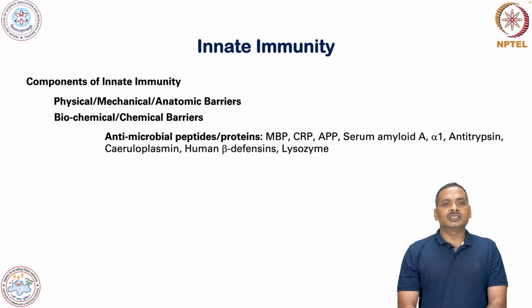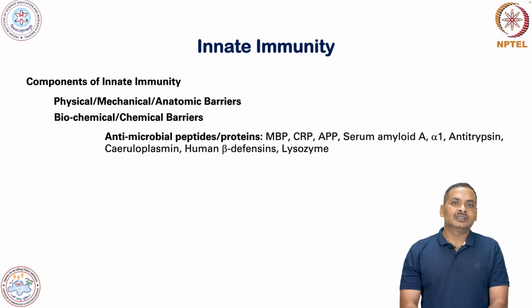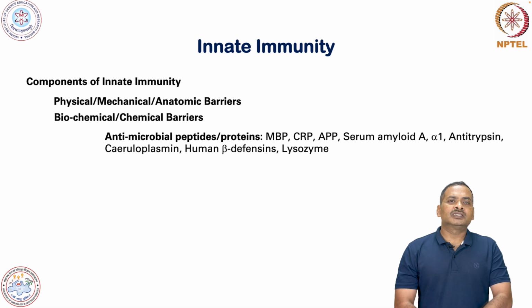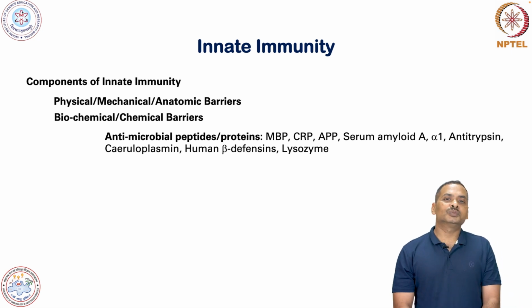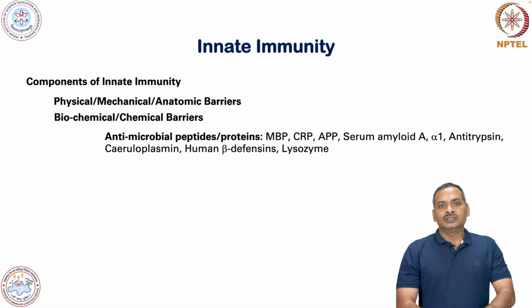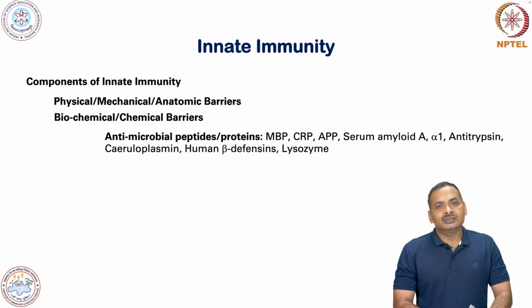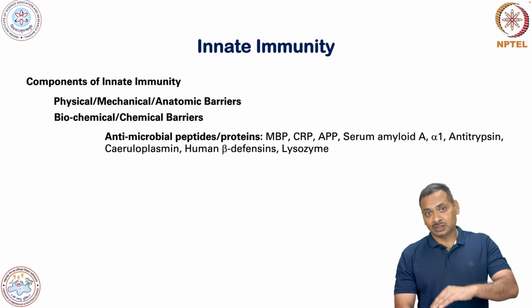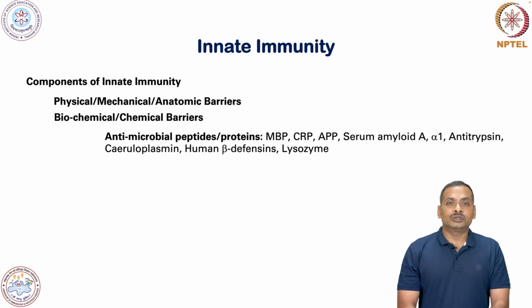Here you can see MBP, the mannose binding protein, which is basically a lectin family protein. You may have studied that lectins are all those proteins which bind with sugar molecules, okay. So those proteins we call lectins. The mannose binding protein, as the name suggests, binds with the mannose present on the microbial pathogen.